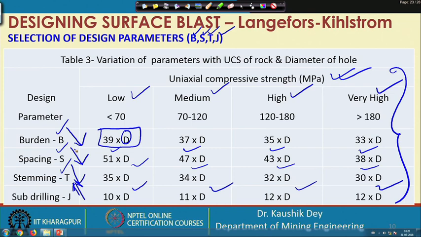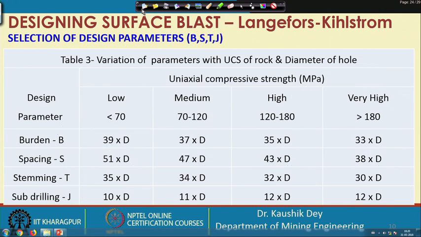So, basically this is the general consideration, but the guideline is given by Langefors and Kihlström for this. Again let me remind you that this guideline must be followed for designing the trial blast. Based on the result achieved from the trial blast, you have to modify your design.